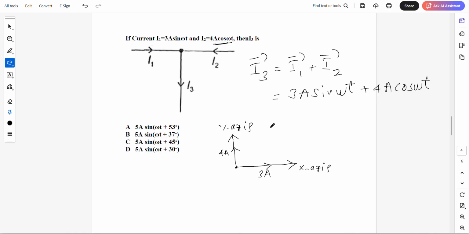What you have to calculate? You have to calculate the sum. How to sum this one? Now you have to write the resultant vector. This is the resultant vector. Let me call this IOR, the resultant vector.